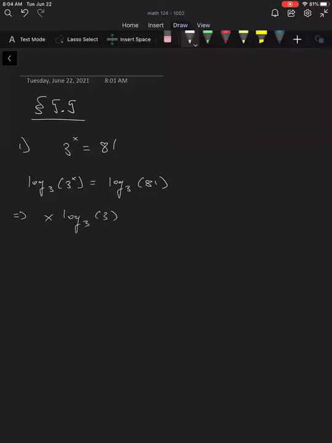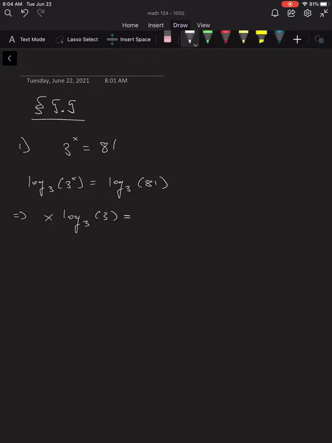We can rewrite 81 as 3 to the 4th power.